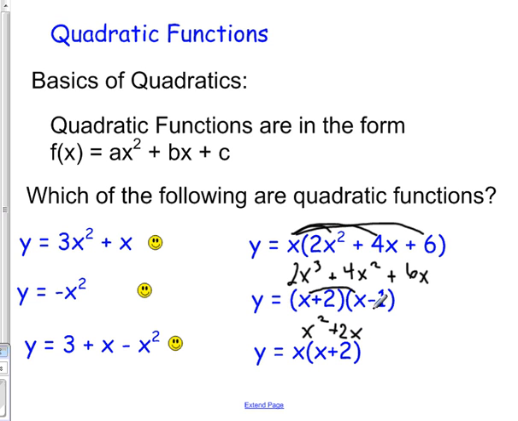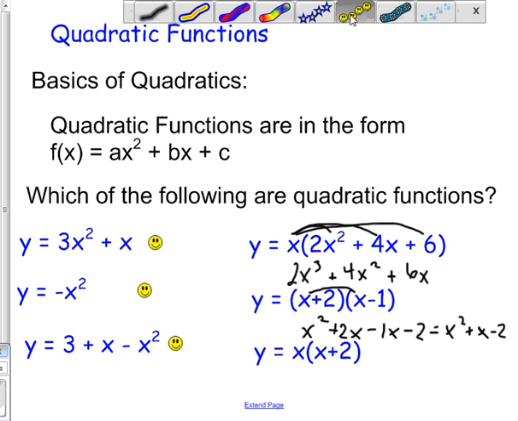And then x times negative 1 is negative 1x. And then 2 times negative 1 is negative 2. So this ends up being x squared plus x minus 2. So this is a quadratic. So let's give that a little smiley face as well.